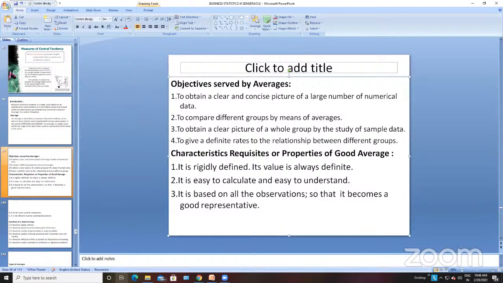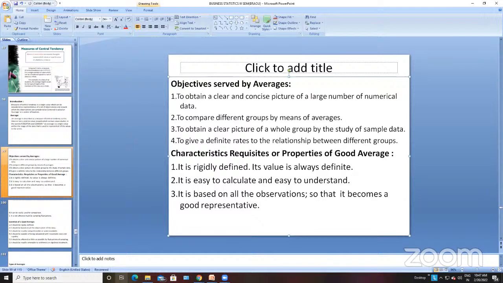That is to compare the different groups by means of average. Then we take a clear picture of the whole group by the study of sample data. By the sampling method, we pick students from here and there who are all of the same height.